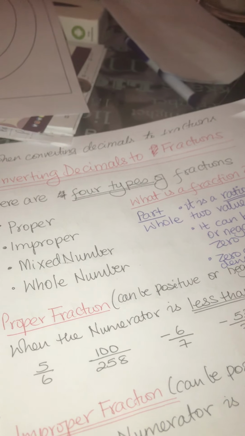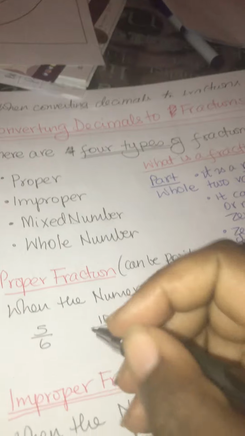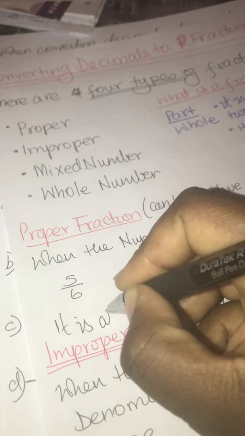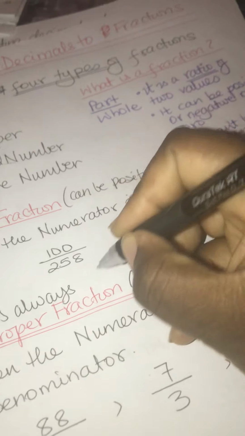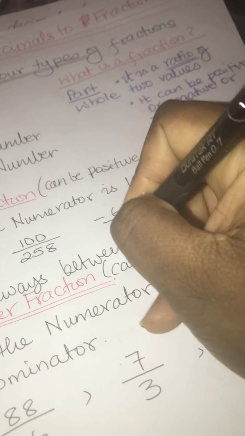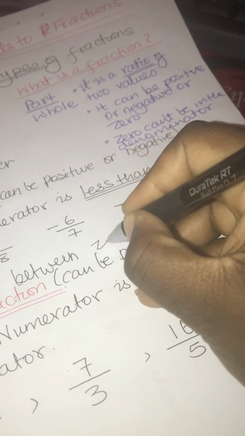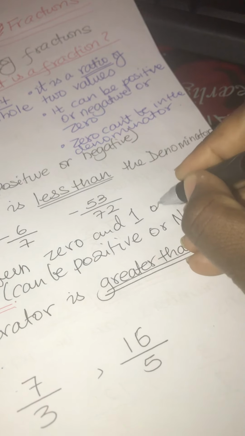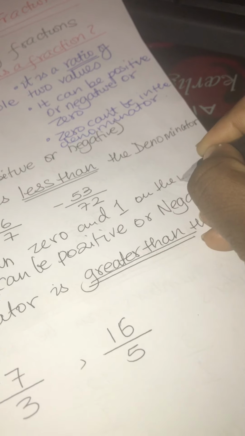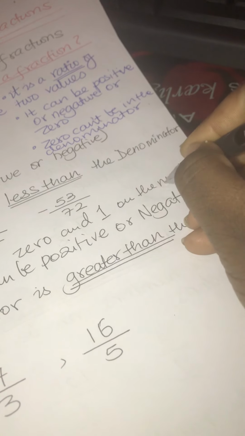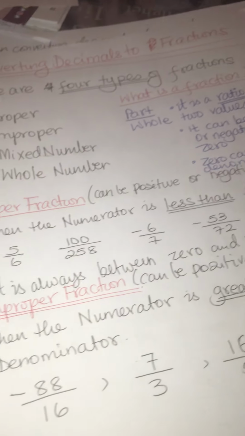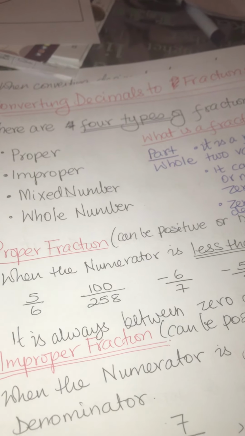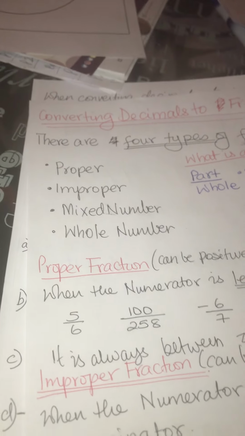A proper fraction is always between 0 and 1 on the number line. You must know this. So, a proper fraction will always be less than 1 but greater than 0.